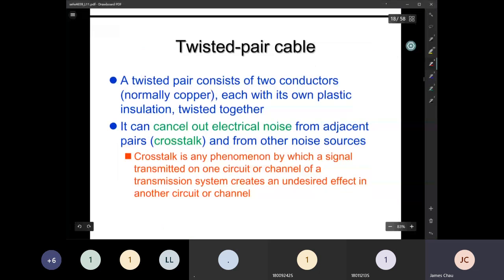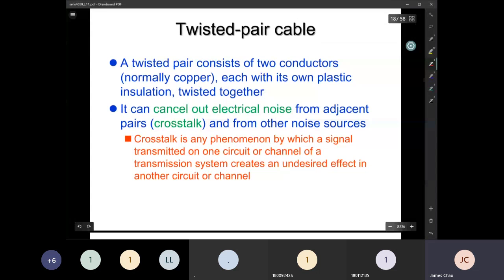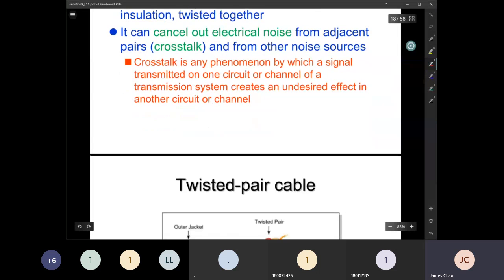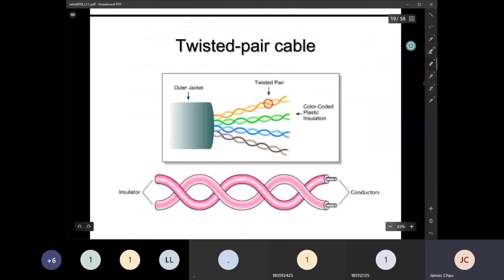Now, the twisted pair cable has two conductors, normally copper, each with its own plastic insulation, and they are twisted together. On the next page you can see the meaning of twisted pair.